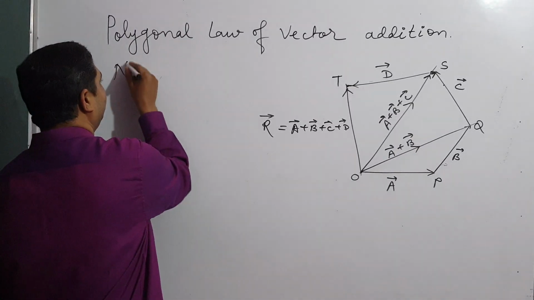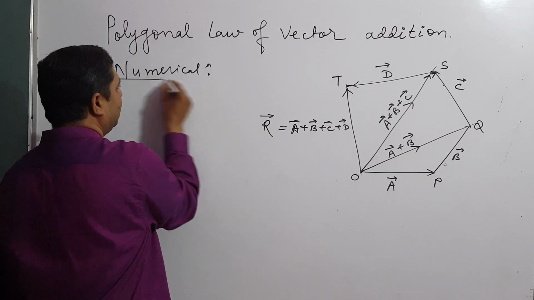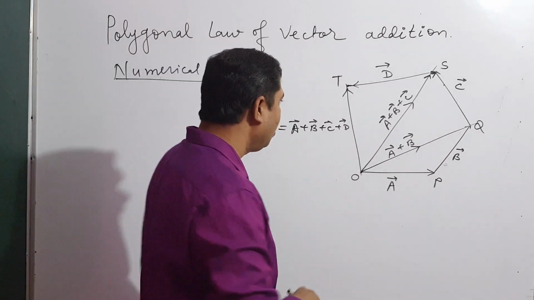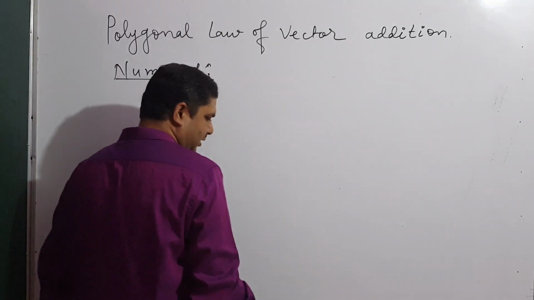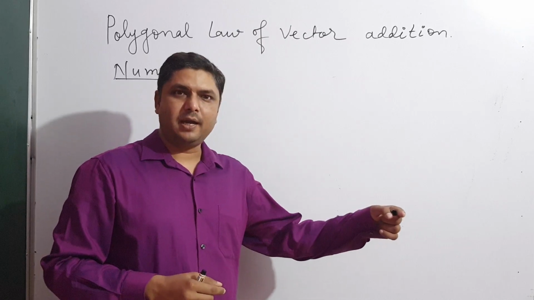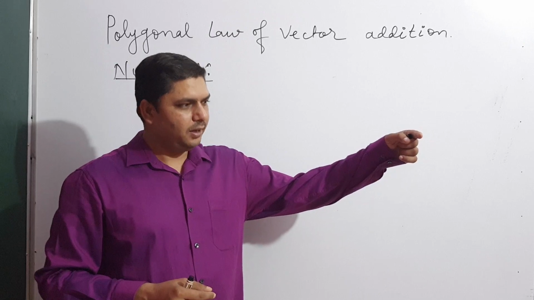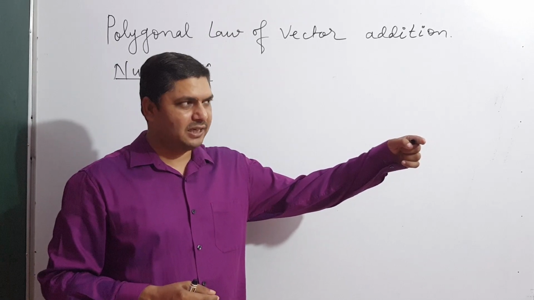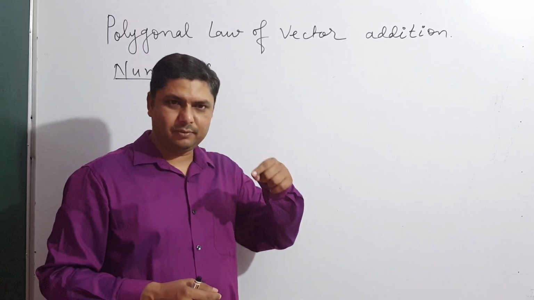I am giving you a numerical based on this. Question: suppose a motorcyclist goes 500 meter and after that takes a 60-degree turn, then again moves 500 meter and takes a 60-degree turn, and continuously performs this motorcycling.